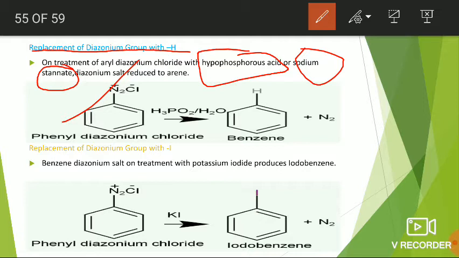In order to achieve this, we have to treat aromatic primary amine with nitrous acid below 5 degrees centigrade. Then we get the corresponding diazonium salt. This diazonium salt on treatment with hypophosphorus acid, the formula of hypophosphorus acid is H3PO2, we get the corresponding arene.